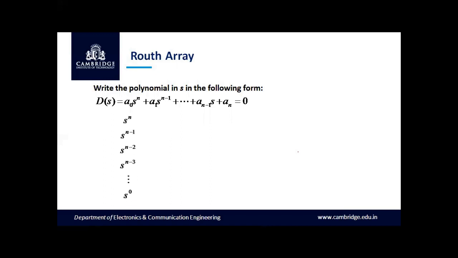Now let me write the s terms first, starting from s to the power n, s to the power n minus 1, s to the power n minus 2, s to the power n minus 3, and so on up to the constant value s to the power 0. s to the power 0 is nothing but 1, and it is nothing but the last term in this denominator polynomial.